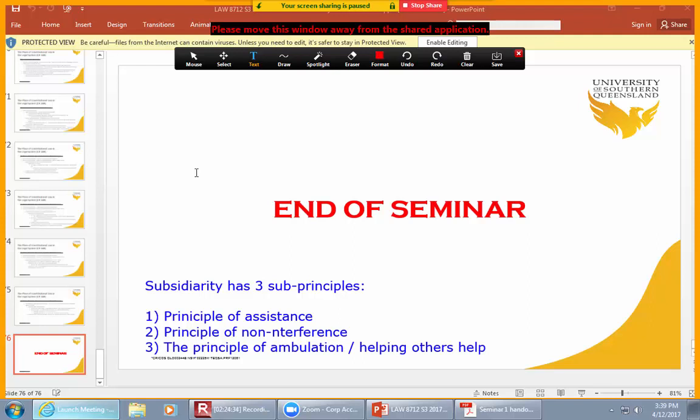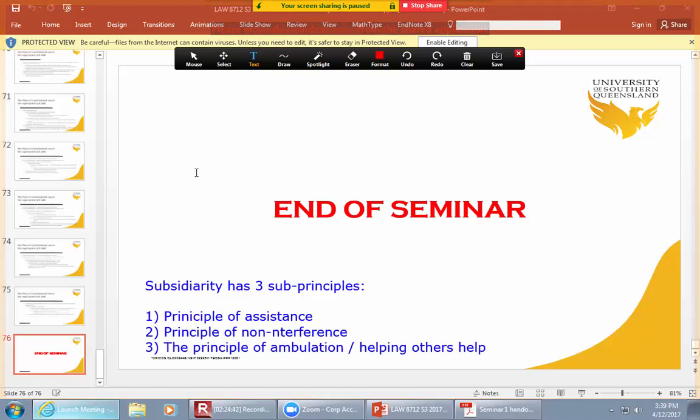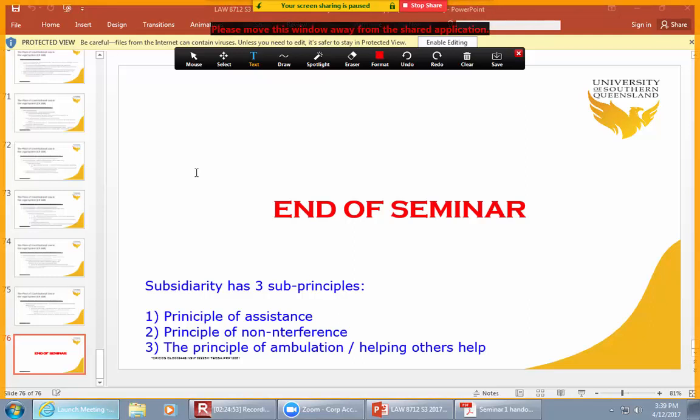Yes? Now, this really relates to this idea of incompetency. If the state doesn't have the skills or the abilities to handle decision making in a certain area, then it's incumbent on the federal government to step in and help with that area.